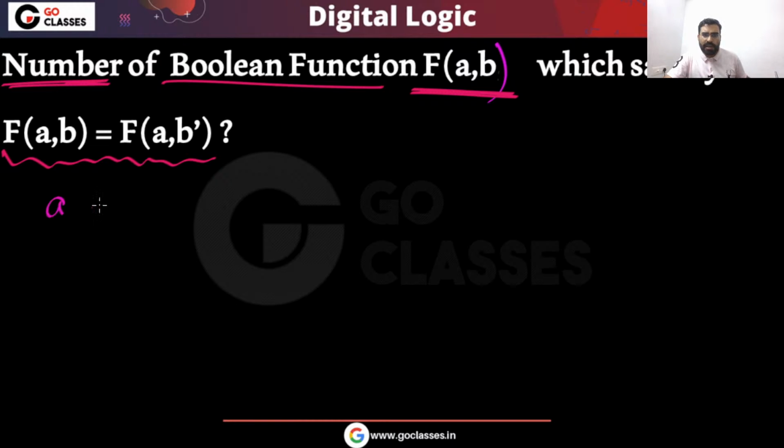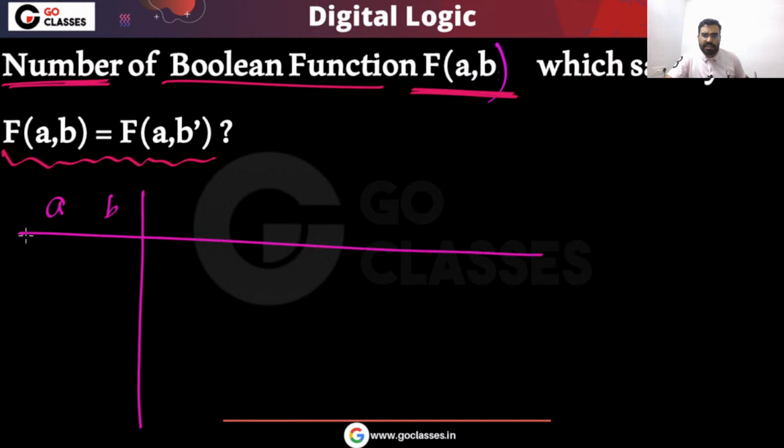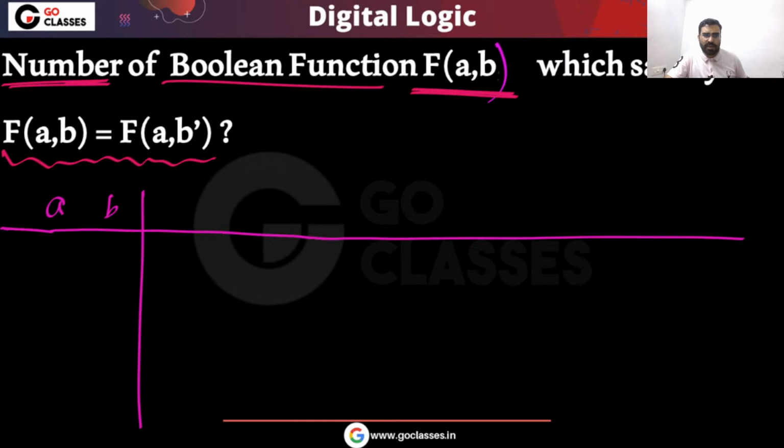So remember, what the question is asking: we have to count the number of functions which satisfy this property. What is the property? The property is that f a comma b is the same as f a comma b bar. Let's understand this question first.